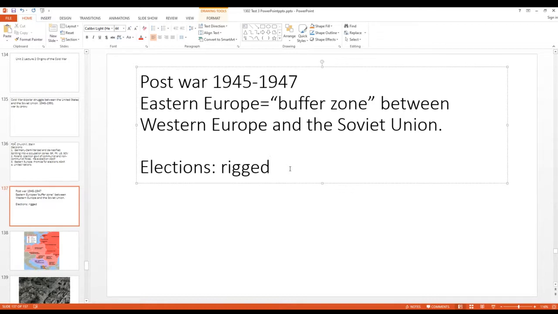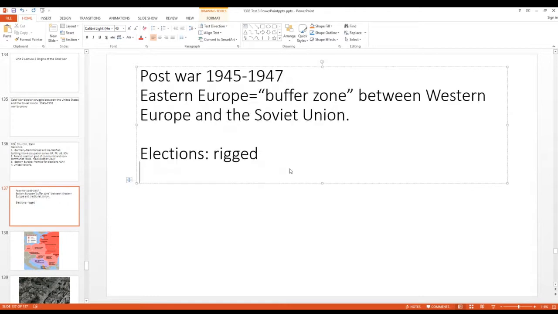In addition to that, though, there were several other crises that gave the impression that communism was replacing the Germans as the next great threat to the world.